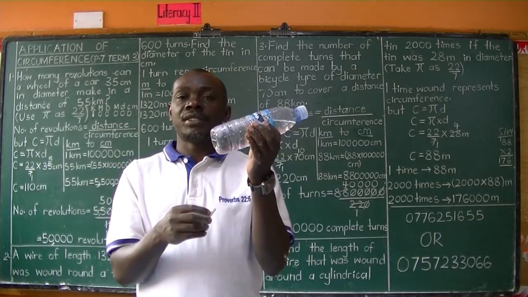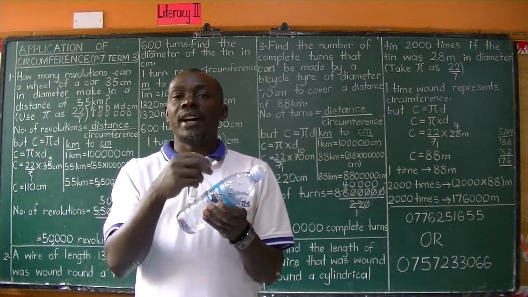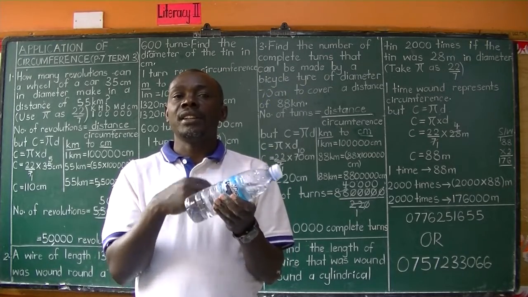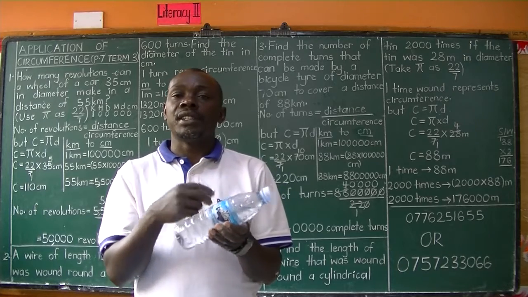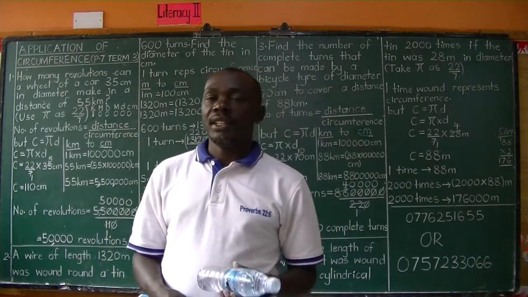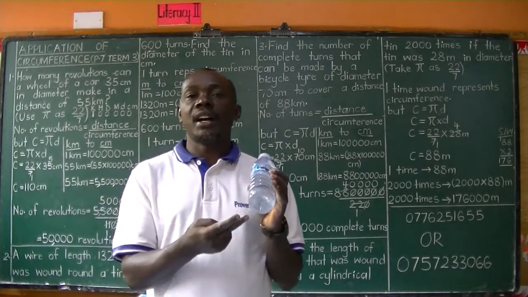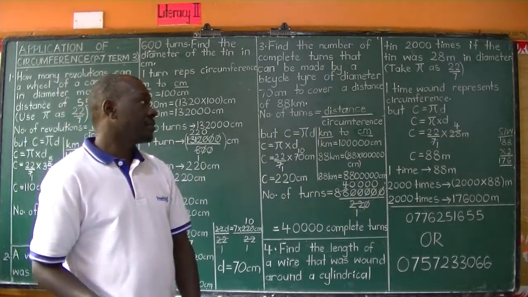We're assuming this is a tin and you see it's cylindrical. To wind is like rotating around something. So you have a wire wound around a cylindrical tin 600 times.